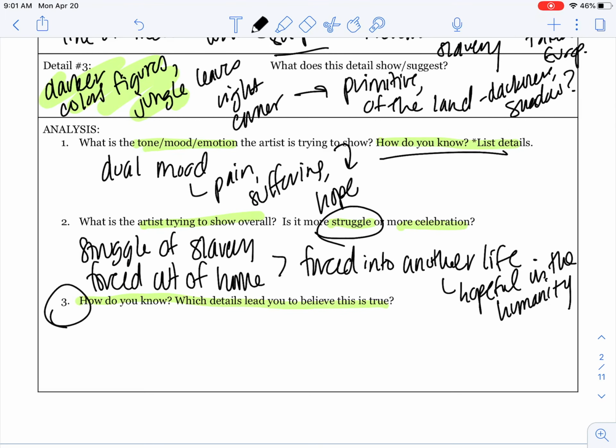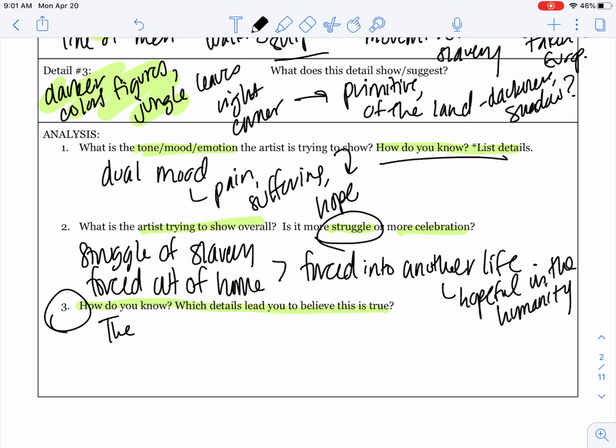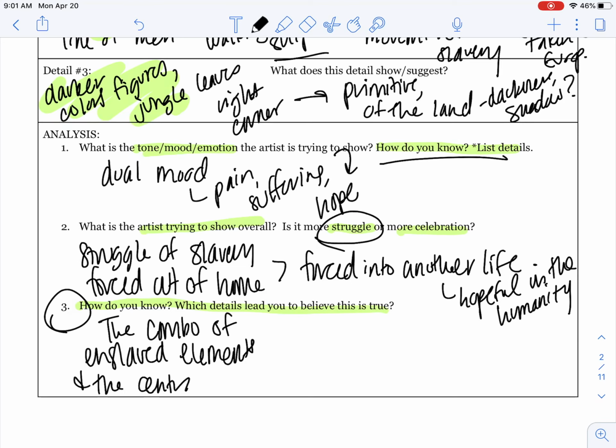So what you'll notice is that a lot of the details from above will end up being the details that you speak to here. So you could say something to the effect of the combo of the enslaved elements and the central figure looking to the light star.